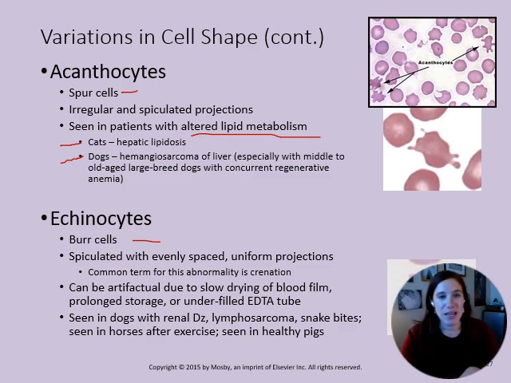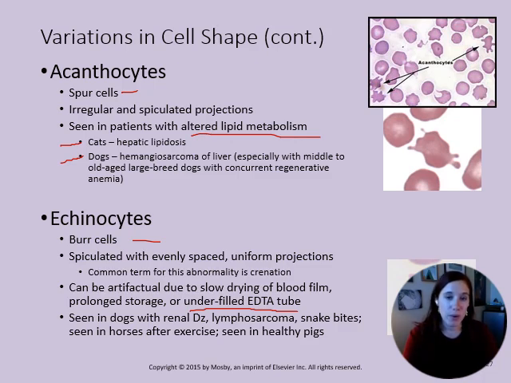But we term this as echinocytes. Okay, it's going to be different. They can be artifactual due to slow drying of your blood smear, prolonged storage, or underfilled EDTA. So the tubes, when they say fill to half a mL, 0.75, 1 mL, you definitely put in the correct amount because that could affect your blood and your cells.